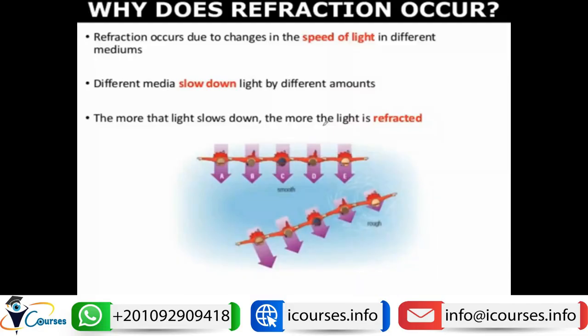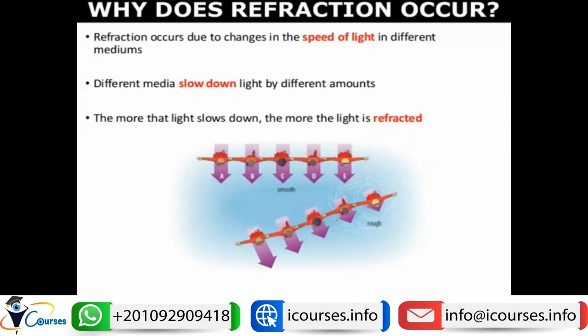So why does refraction occur? As I told you, refraction occurs due to a change in the speed of light. Just imagine that this team is moving, A and B and C and D and E. These girls pass with the same speed, and then girl D and girl E pass into some rough surface.